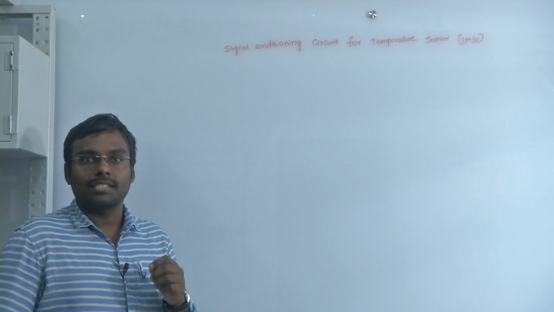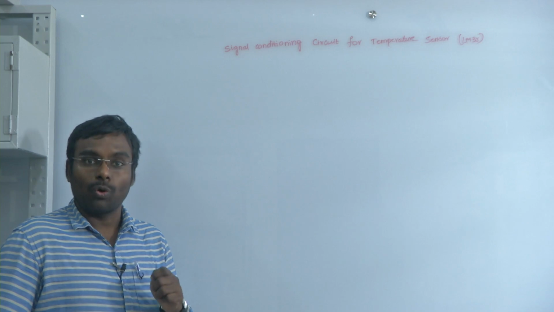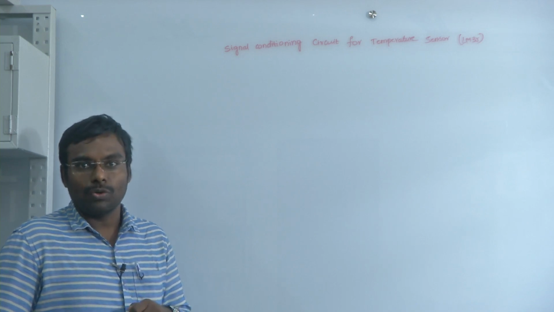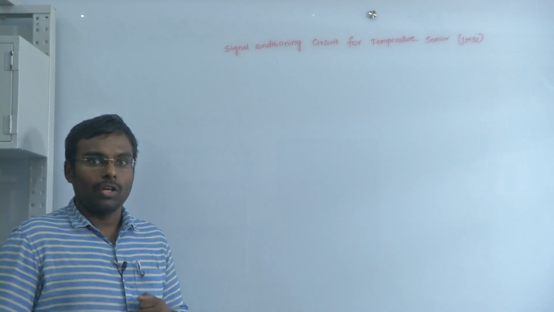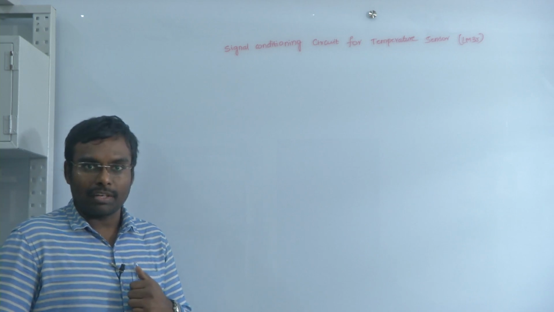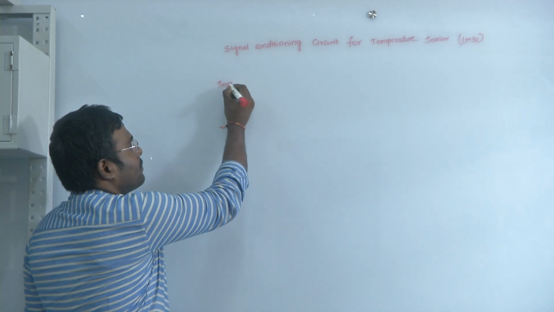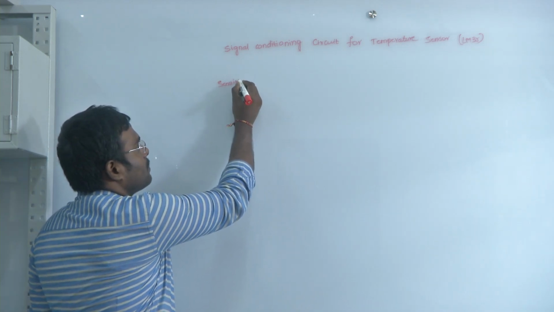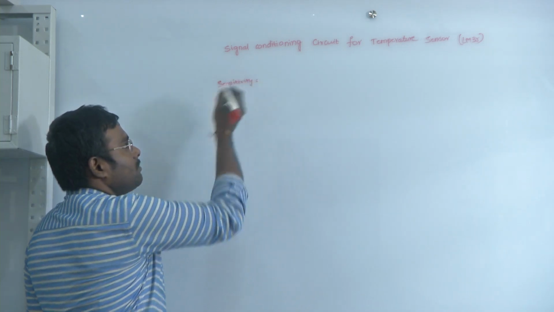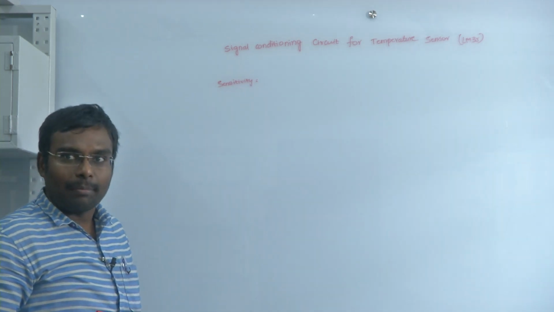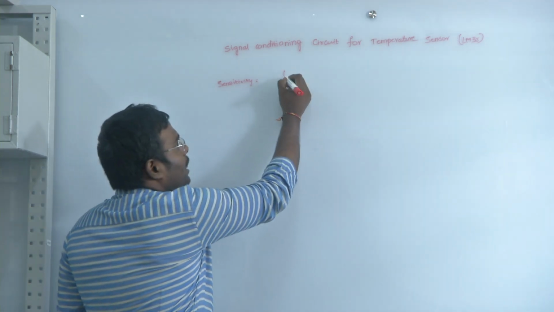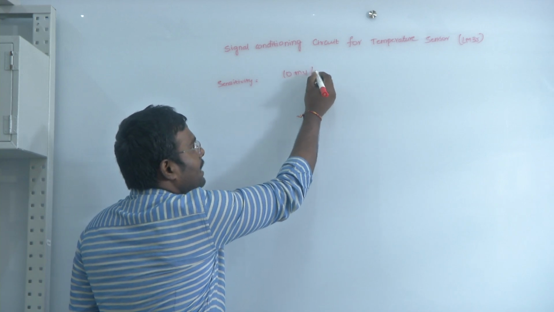In this case, since our intention was to go with LM35, first let us look at the data sheet of LM35. The data sheet provides the information called sensitivity. The sensitivity of the temperature sensor is 10 millivolt per degree centigrade.